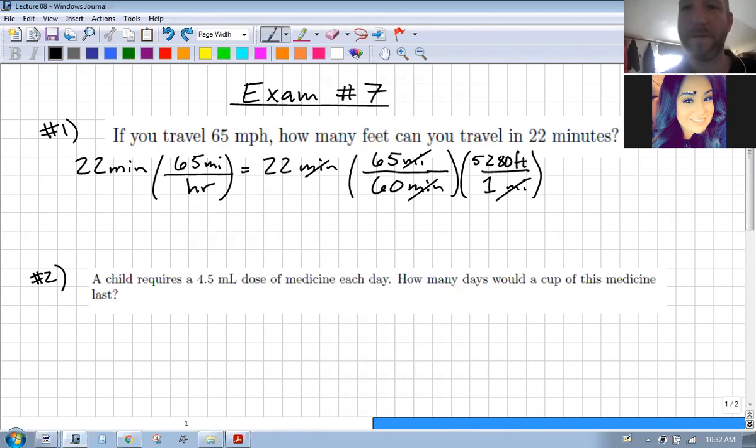Okay, so now all we have to do is multiply this out. 22 times 65 times 5280 divided by 60, that's 125,840 feet.